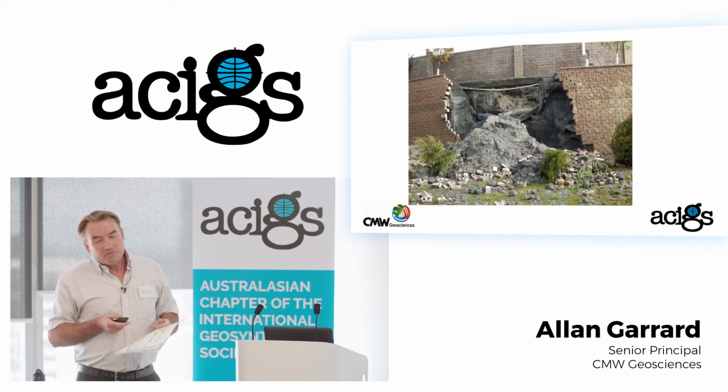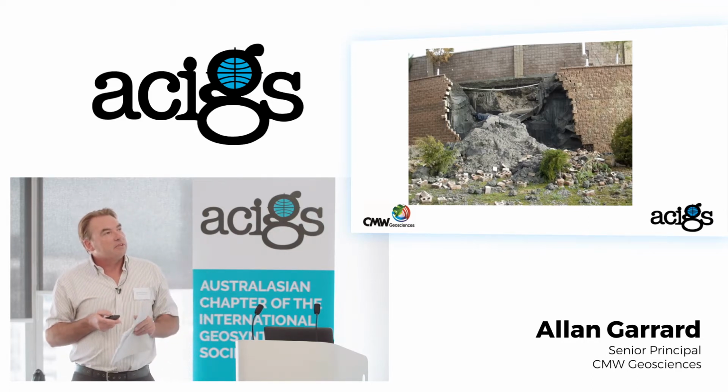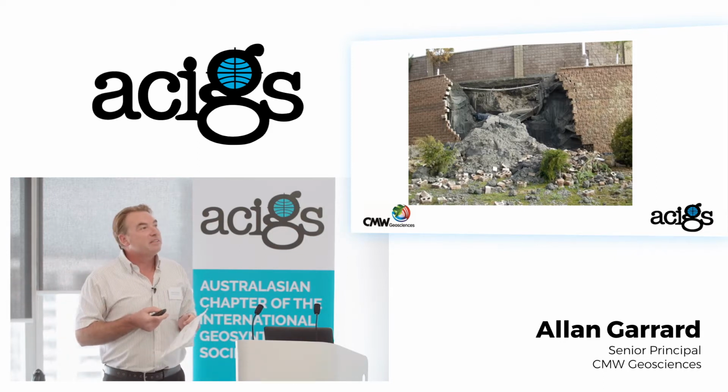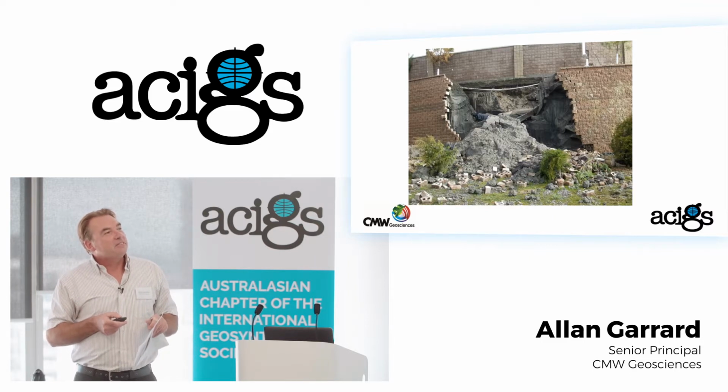This one's from the US. Now apparently, if you read the paper that goes with it, the contractor took it upon himself, because some pipes went through here, where there was a service going through, to miss out a complete layer of reinforcement and didn't tell anybody. And that's why that one failed.